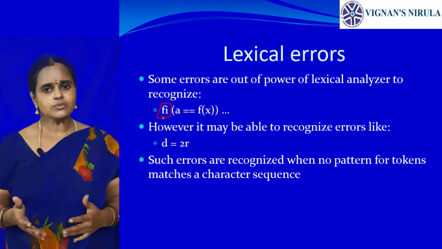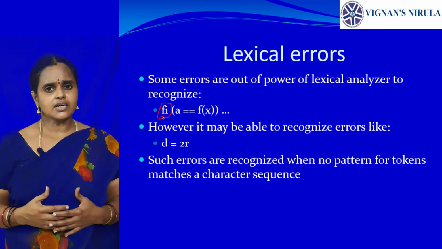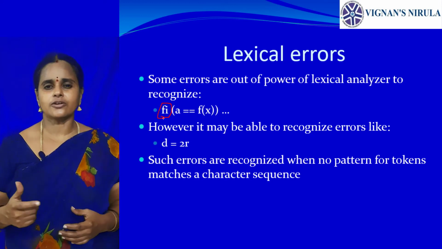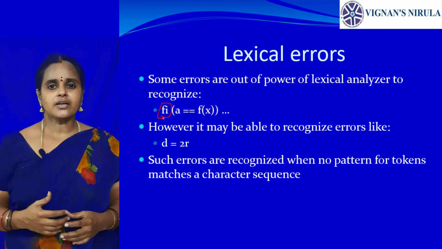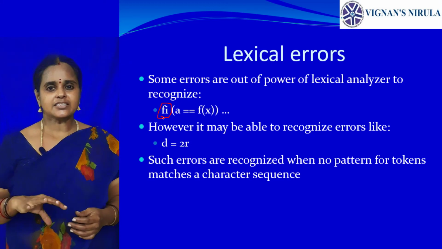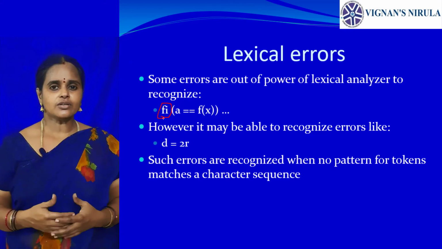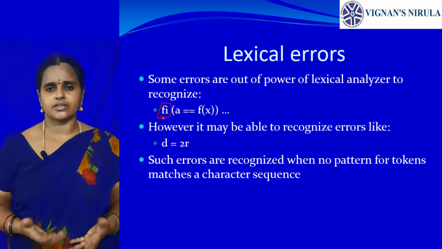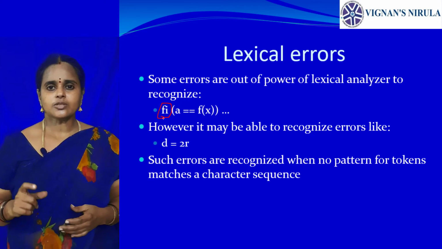F I comes under the pattern of the identifier rules. That is not a reserved word. But according to your terminology, that is the if keyword, the if reserved word, right? So these are the problems that may arise.